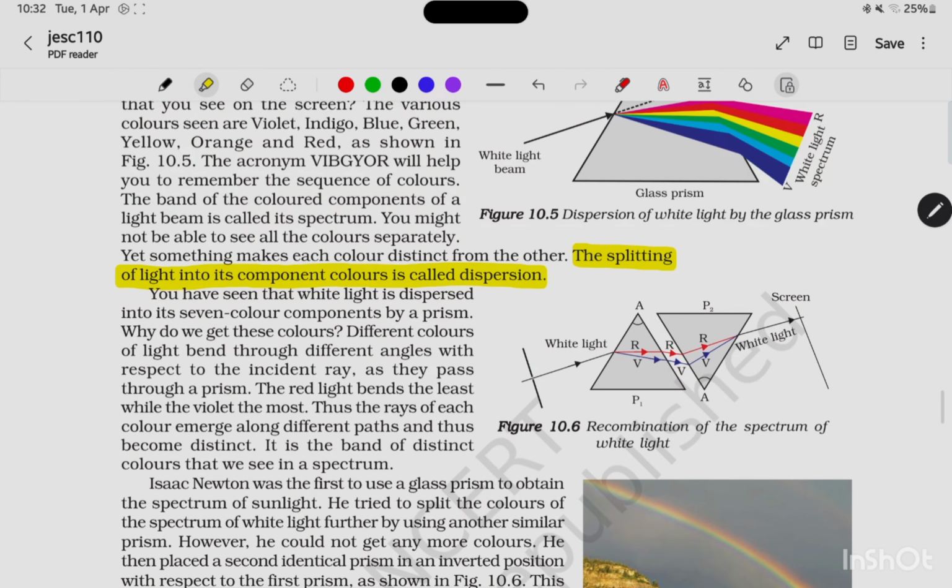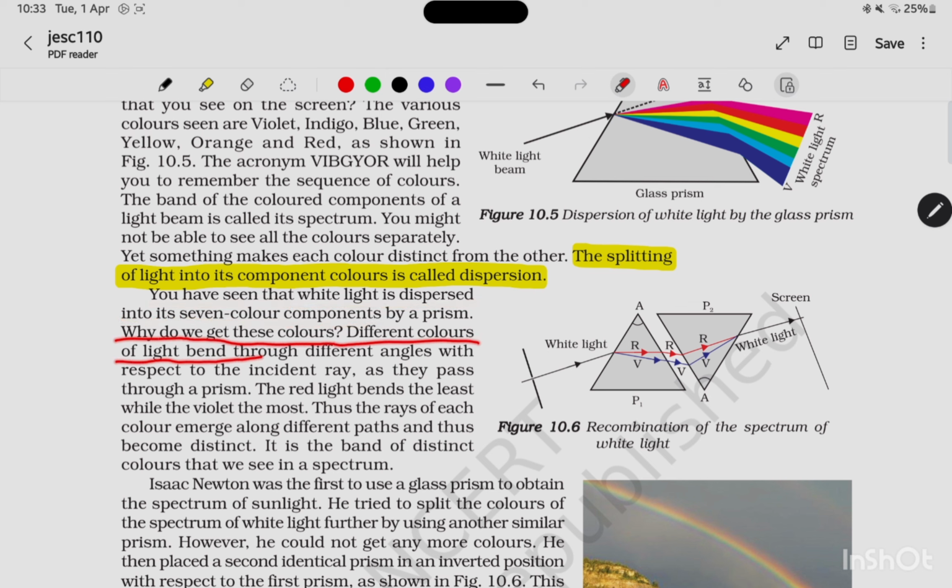Okay. Now, there is a lot of dispersion, so it is important to say dispersion of light. It may be dispersion of seeds also. Okay. So you have seen that white light is dispersed into 7 color components by a prism. Now, why do we get these colors?